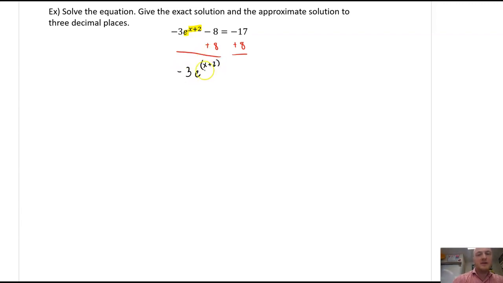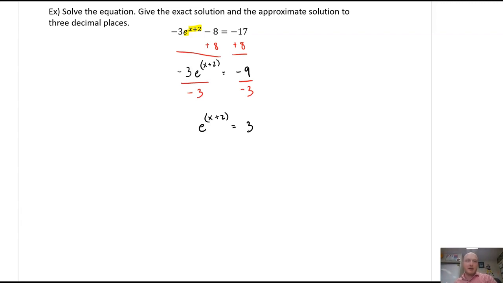Anytime I rewrite that binomial exponent, I like to add the parentheses because that's going to help me later on. And on the right side, we get -9. Still haven't isolated my power expression. Now I need to divide each side by -3, and we get e to the power of x plus 2 is equal to 3. Okay, power expression is isolated.